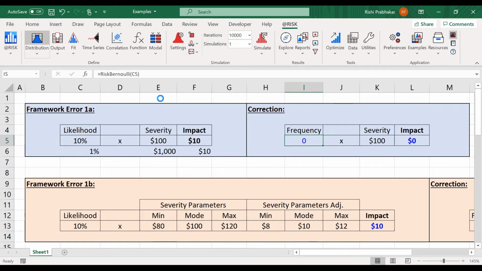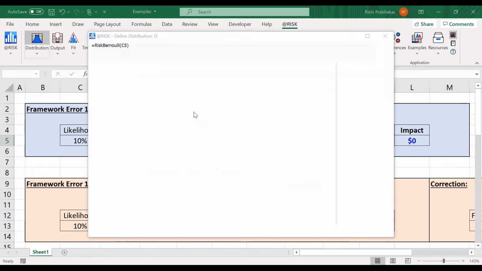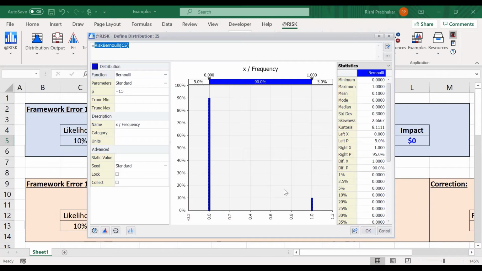Now the Bernoulli function, lovely little function, classic discrete distribution, returns a 0 or a 1 with the probability that you allocate it. So in this case, it's a 0 with a 90% chance and a 1 with a 10% chance in every single iteration of a simulation.